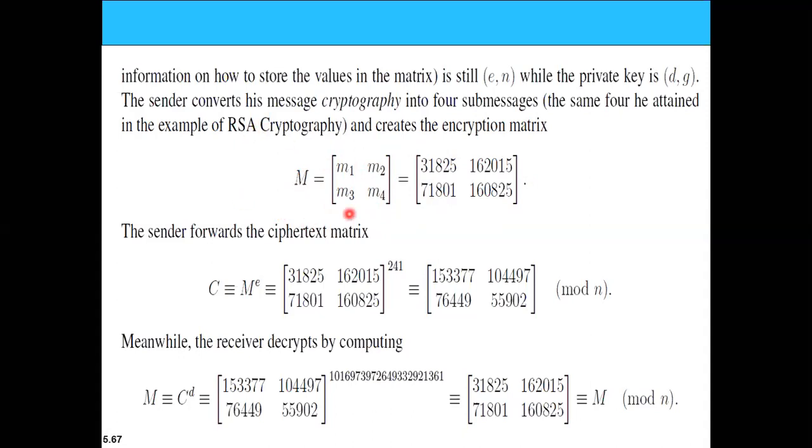So the message can be written as a 2 by 2 matrix in GL(2, Z_n). We take C to the power E, take it mod n, and simplify it like this.